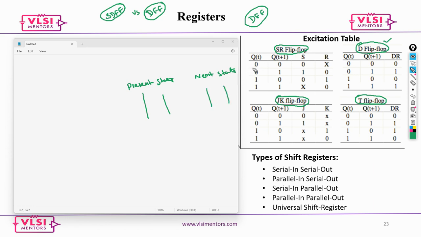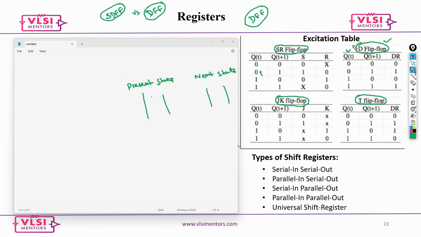Depending on the present state and next state, you have to choose the inputs. This excitation table helps you find, looking at present state and next state, what your inputs should be. Now you design your system accordingly.